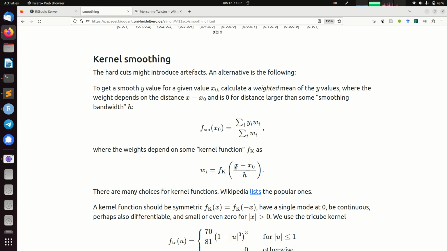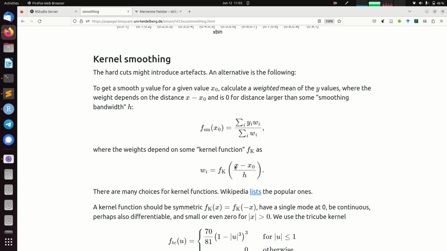So this is fk of u, and this is u. And u is the distance between x0 and x, rescaled by this division to h, such that the kernel is interrogated between -1 and 1. And I want a kernel that is 0 outside of these two smoothing points, so that I can say the average always runs only over those points which are within a distance of at most h from our kernel value.